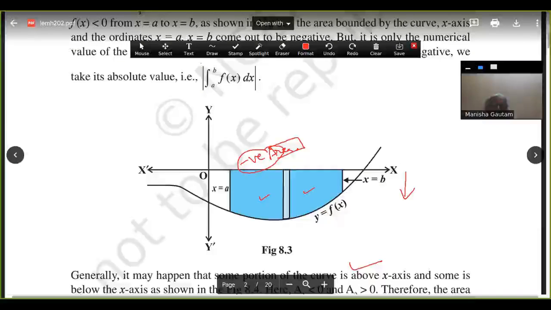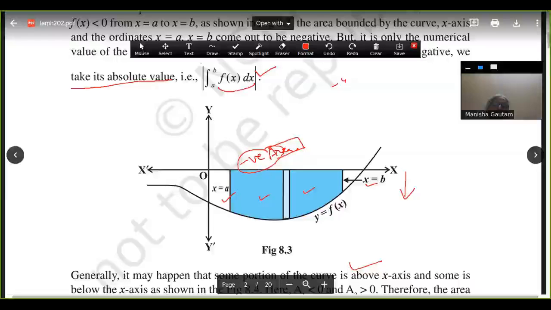You have to take the mod of the whole area. Here it is written, take its absolute value. If you integrate from a to b, one of the strips y into dx, here it is f(x) into dx, then you have to take the absolute of this. It means the mod of the value which is calculated by using integration from a to b of the function f(x) dx.